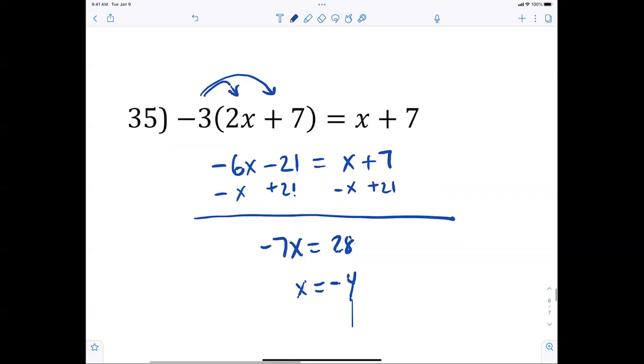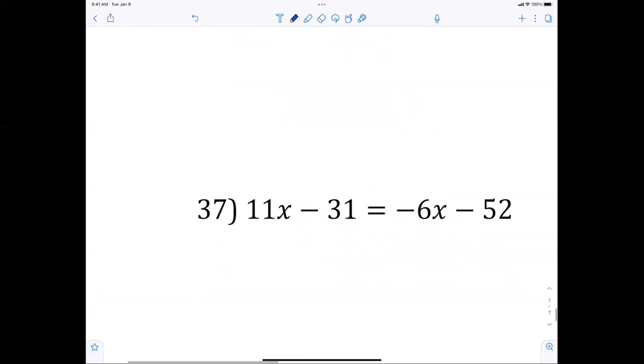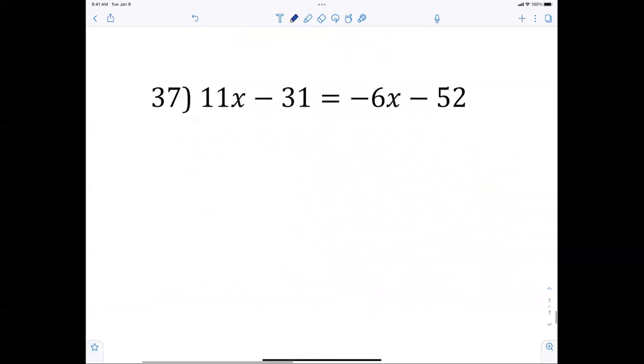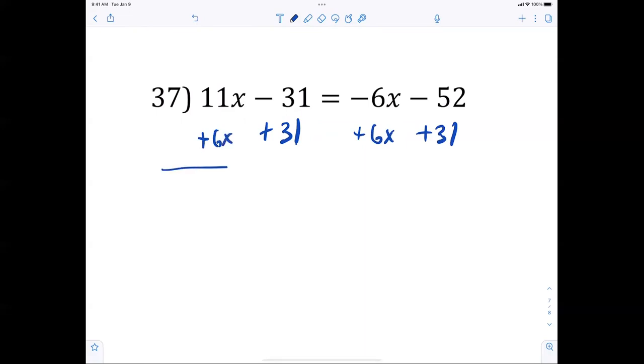All right, Mr. Thatch, you're up, 37. First I'm going to add 31 to 52, and then +6x to 11. So then we get 18x. How many x's? Sorry, 17x. 17x equals, that'll be x equals 21.